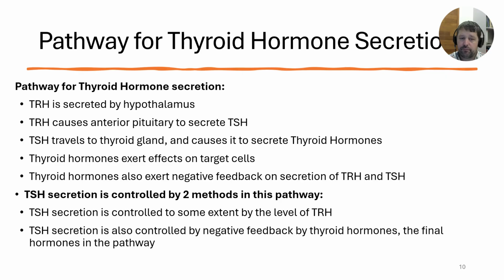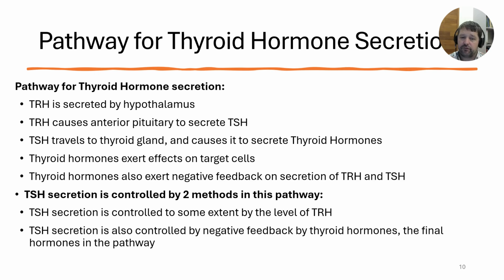So two main control methods for this pathway. You have thyroid stimulating hormone, and that's controlled by how much thyroid releasing hormone there is. That should make sense, right? If you have lots of thyroid releasing hormone from the hypothalamus, then you probably have lots of thyroid stimulating hormone.